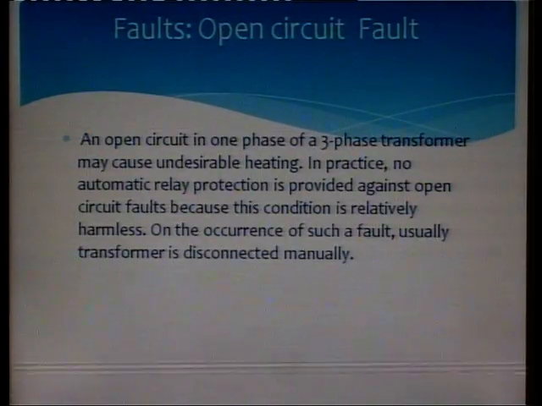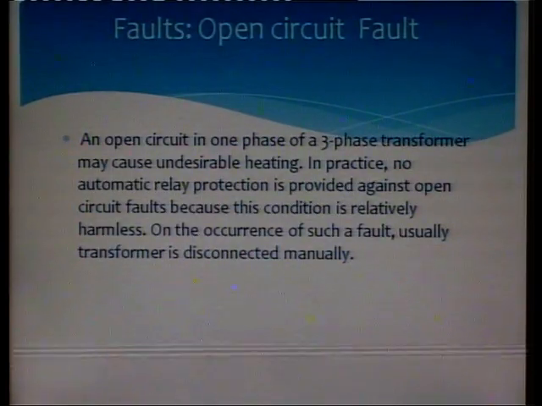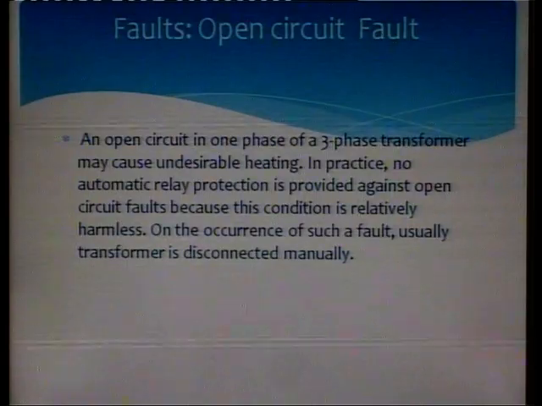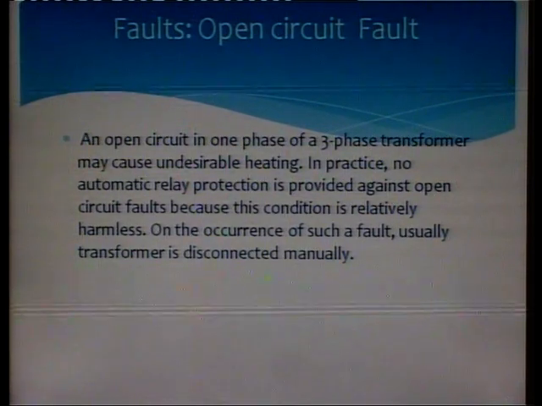But in practice, no automatic relay protection is provided against open circuit faults because this condition is relatively harmless, and on the occurrence of such a fault, the transformer is usually disconnected manually. So, for this type of fault we don't require any automatic protection; we just disconnect the transformer manually.